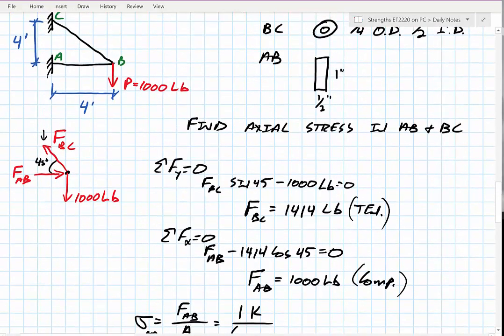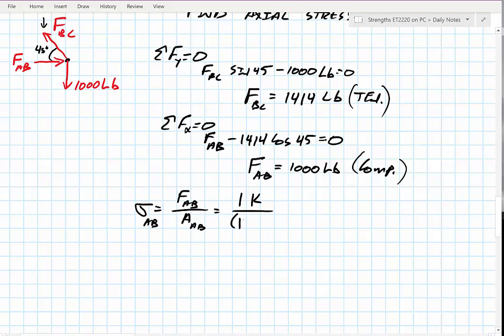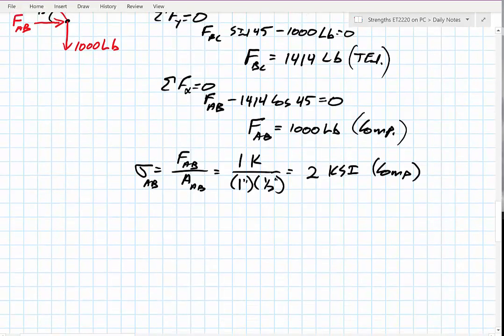And if I look up at AB, it's a 1 by 1/2 inch. So we have 1 inch by 1/2 inch. And that gives me 2 KSI in compression. Or if you would have watched your sign, you would have had a negative 2 KSI either way. Probably wouldn't do both. I wouldn't say -2 in compression. It's almost like a double negative type of thing, right?